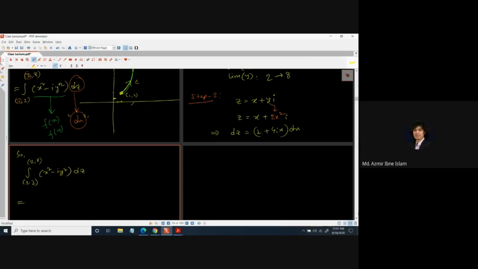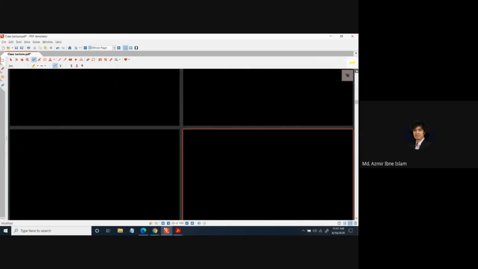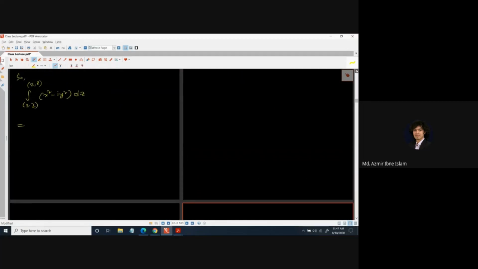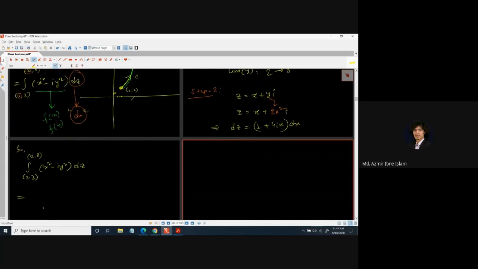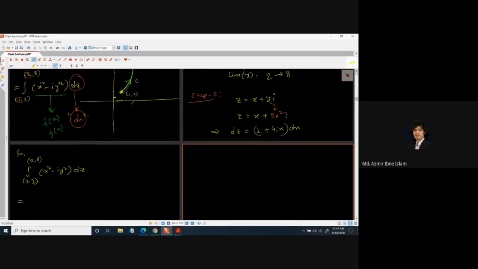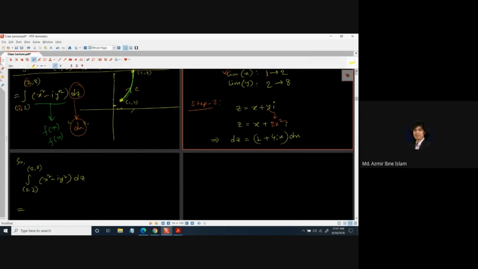In the next equation we can write, since we are sure about the limit, we are going to take x equal to 1 to 2. So integration from x equal to 1 to x equal to 2, x squared negative i y squared, and dz is now 1 plus 4i x dx. Is that okay?